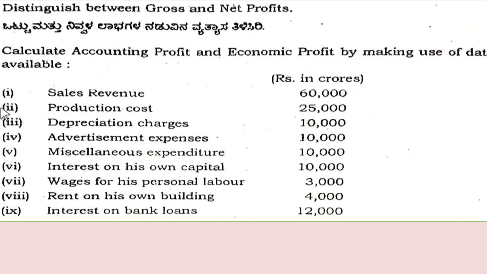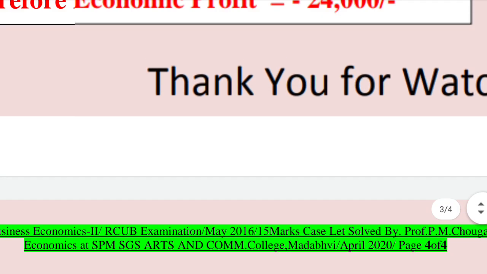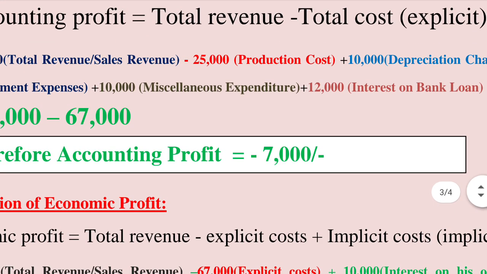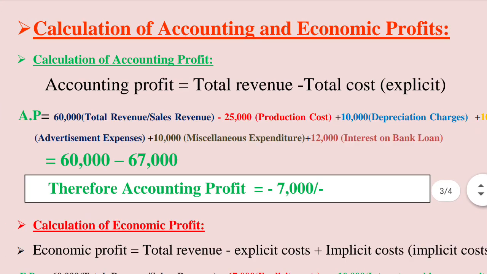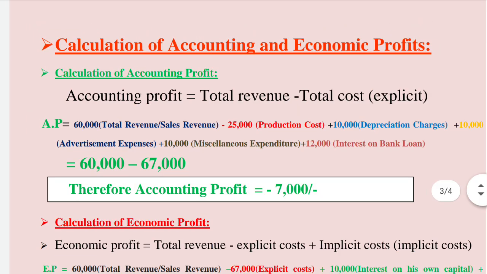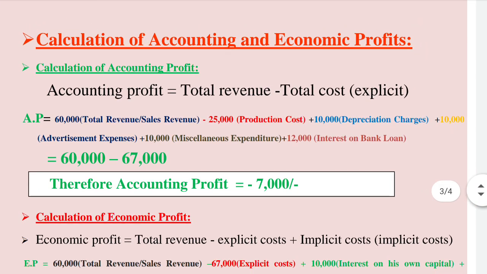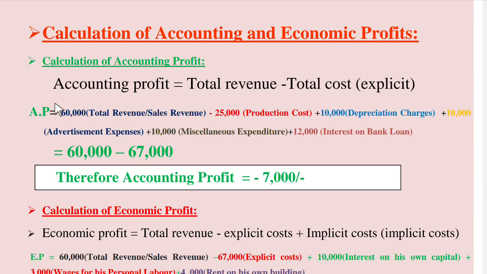It is very important for calculating accounting profit and economic profit. So friends, see here, whatever we have discussed about the data given in the question paper, just check it. Accounting profit is equal to total sales revenue, that is 60,000 we have taken here, minus 25,000.